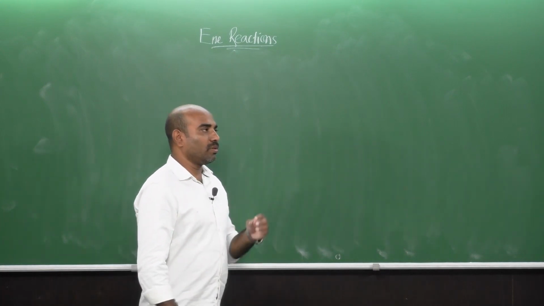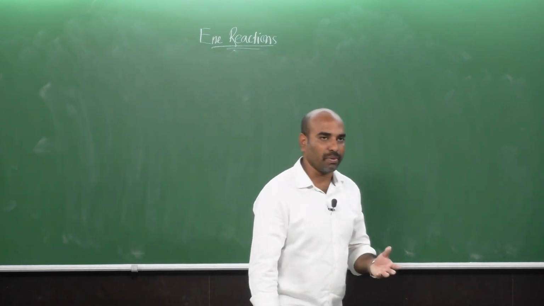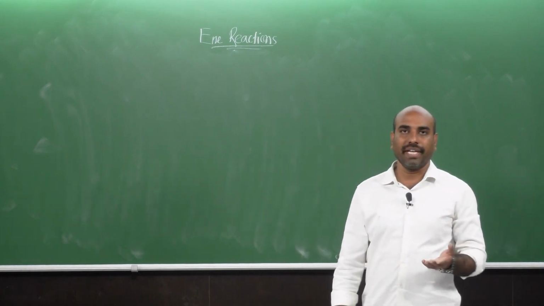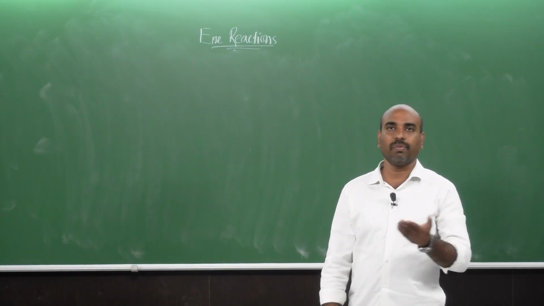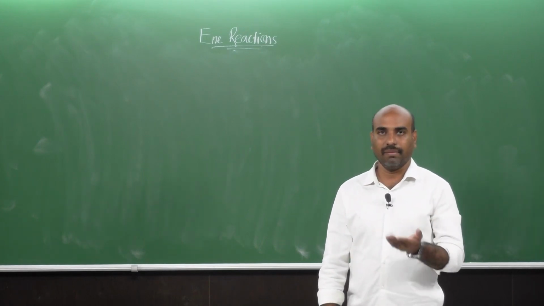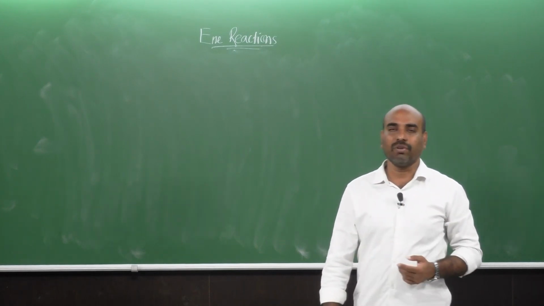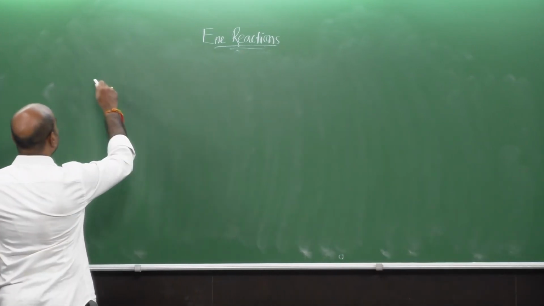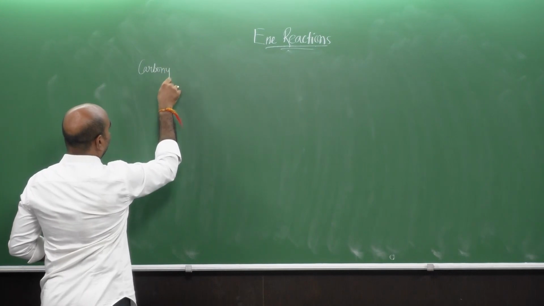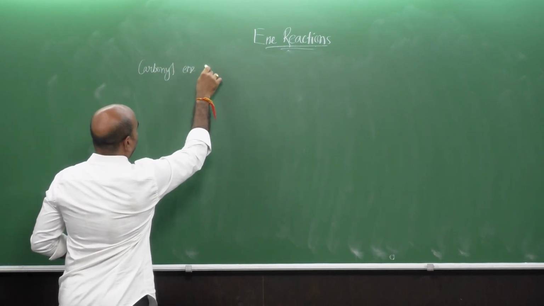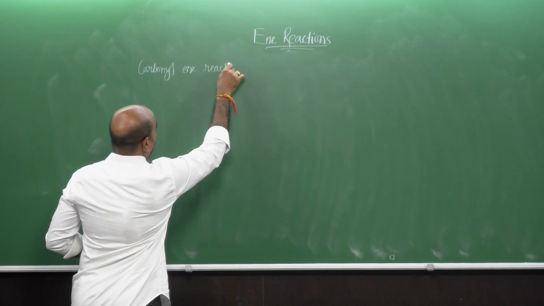Okay. So the best enophile components in terms of hetero-ene reaction are either a carbonyl group or a thionyl group or azo group or C double bond N imine group and NO group, etc. So we will see now some of the carbonyl ene reactions.